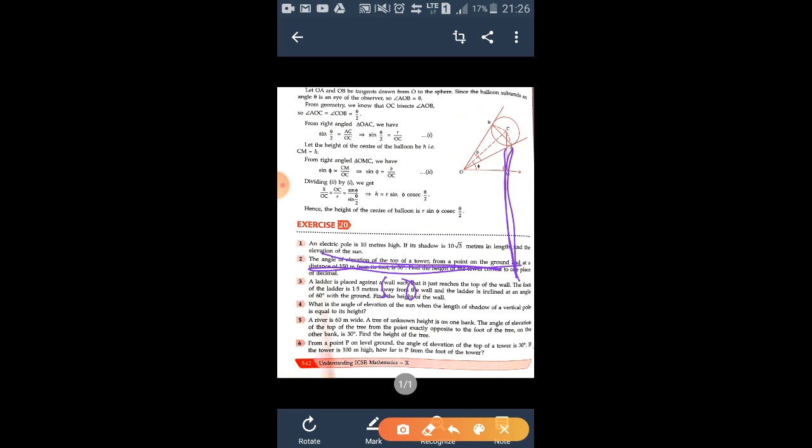The angle of elevation of the top of the tree, yes, from the point exactly opposite to the foot of the tree on the other bank is 30 degree, means this angle is 30 degree. Find the height of the tree. You will again take this one as x. Yes, again write that tan 30 degree is equal to x by 60. Yes, and then you will find out the value of x. That's it. It's the same.